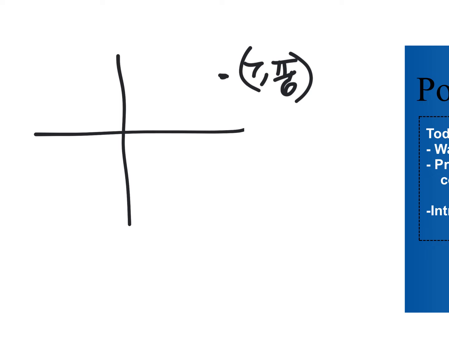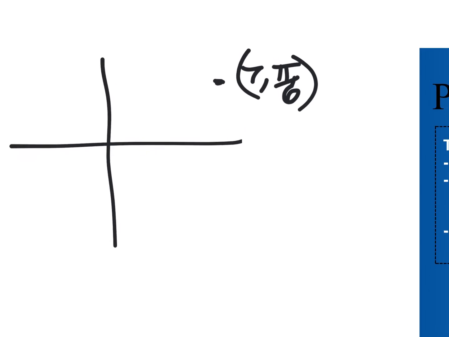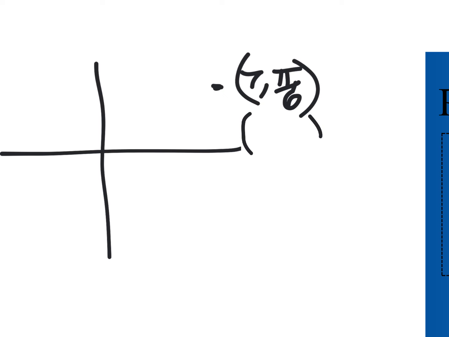Okay, then give me another name for this, one that has a positive r but a negative theta, and give me one that's got a negative r and a negative theta. So make me two more polar points. Not different points, just different names for this point.